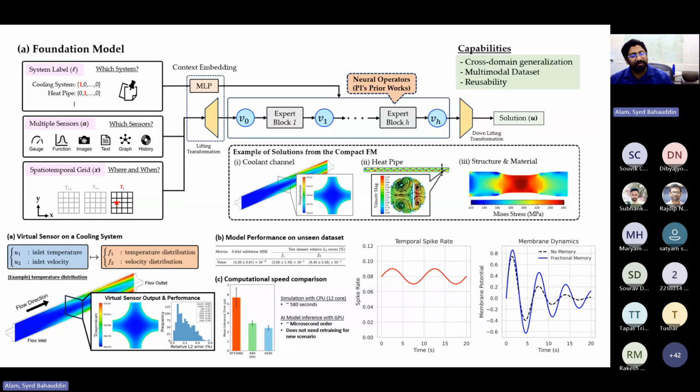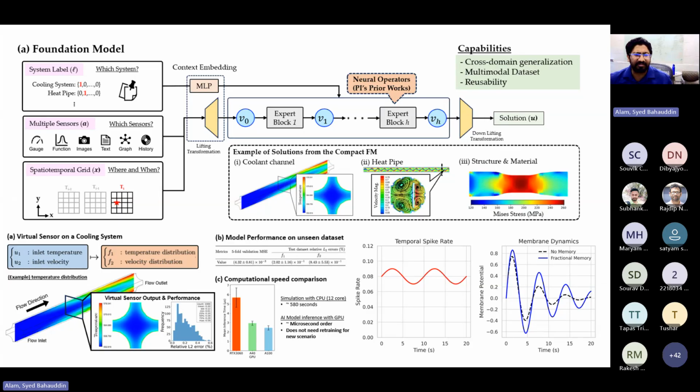Rather, we want a unified model that can give us information directly for the heat exchanger when we need, or the reactor coolant system when we need, and if we want, for example, fluid flow, it's actually video data, right? So that means multimodal information. That's why a natural progression is the foundation model, where we have multimodal information and need system agnostic prediction. And cross-domain generalization is one of the major aspects for us.